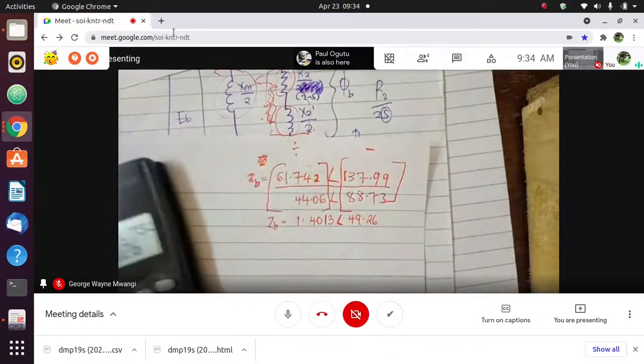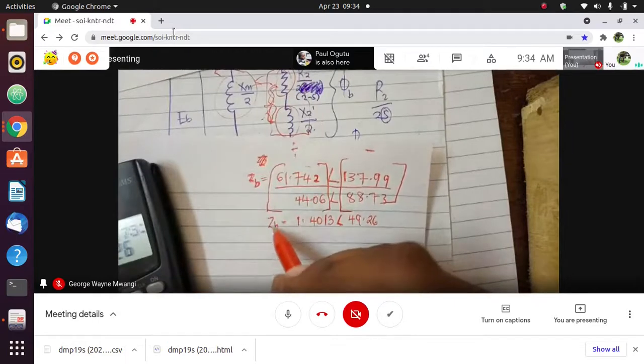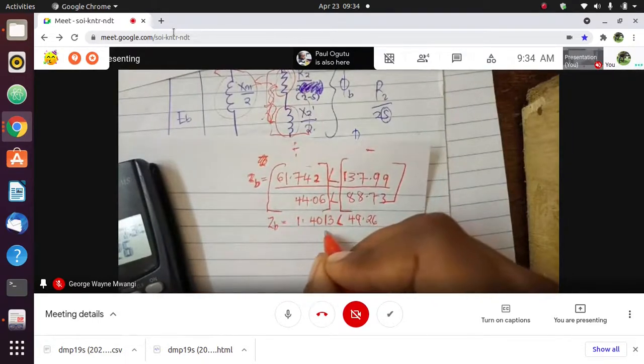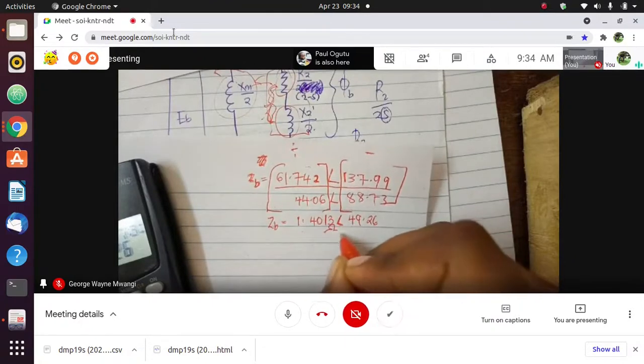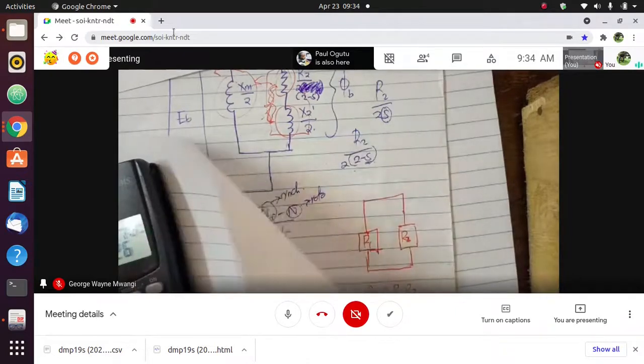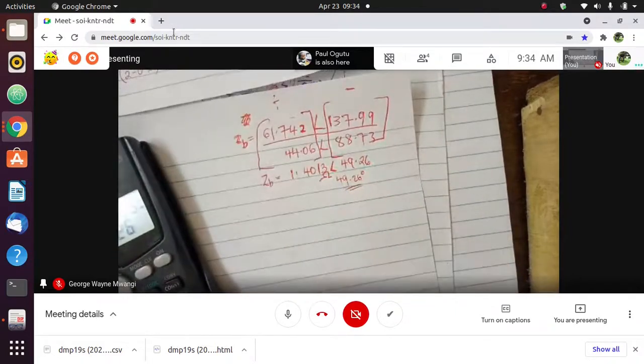Now this means that our impedance due to the backward flux is 1.4013 ohms at an angle of 49.26 degrees. Okay, now we have to convert it back into complex form so that we are able to add the previous values, ZF and Z1.